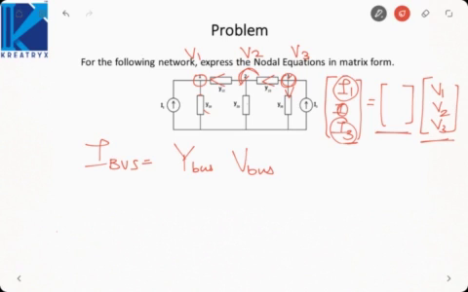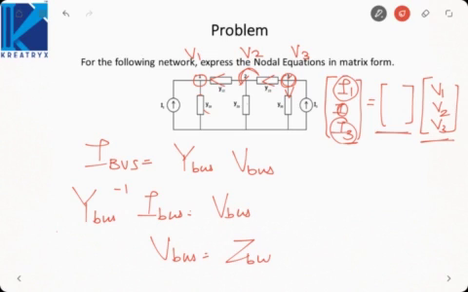Now if you multiply both sides by Y bus inverse, this will be V bus, or we can say V bus is equal to Z bus into I bus. So that means the bus impedance matrix is equal to Y bus inverse. Okay.